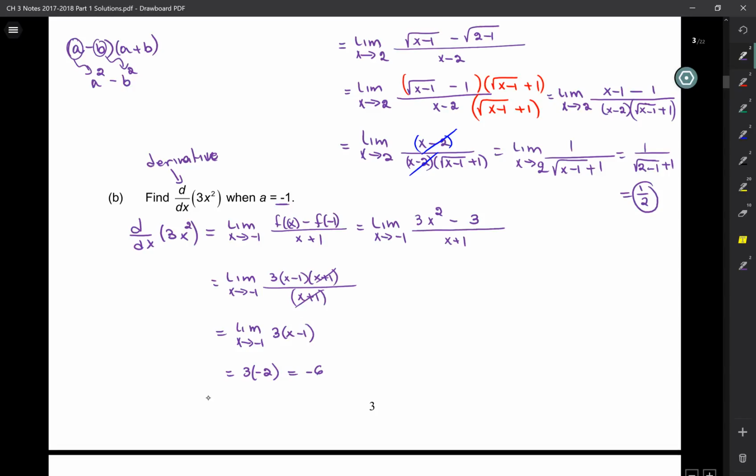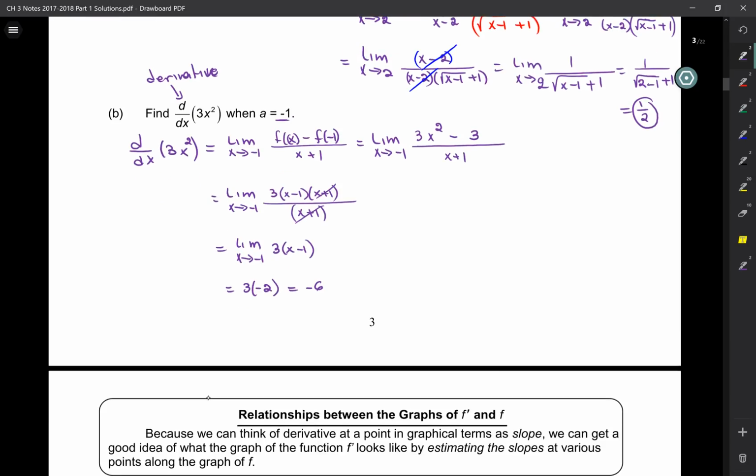All right? Now, let me give you another notation. Another way we can write this is d dx of 3x squared, vertical line, at the point x equals minus 1, is equal to negative 6.